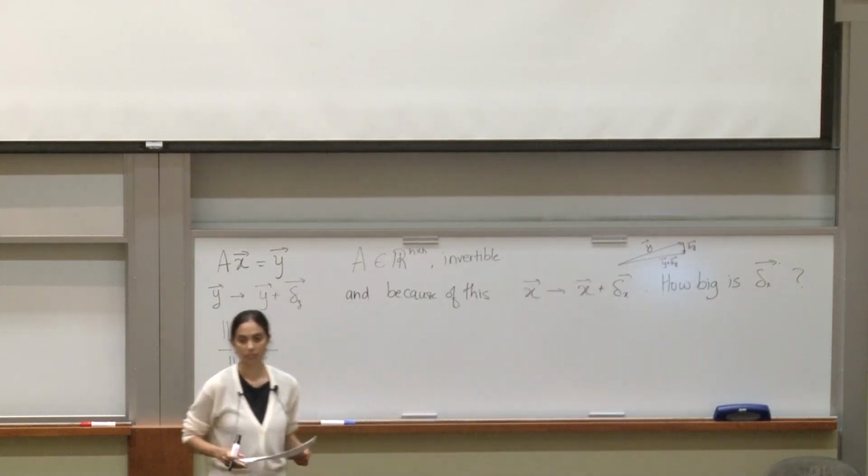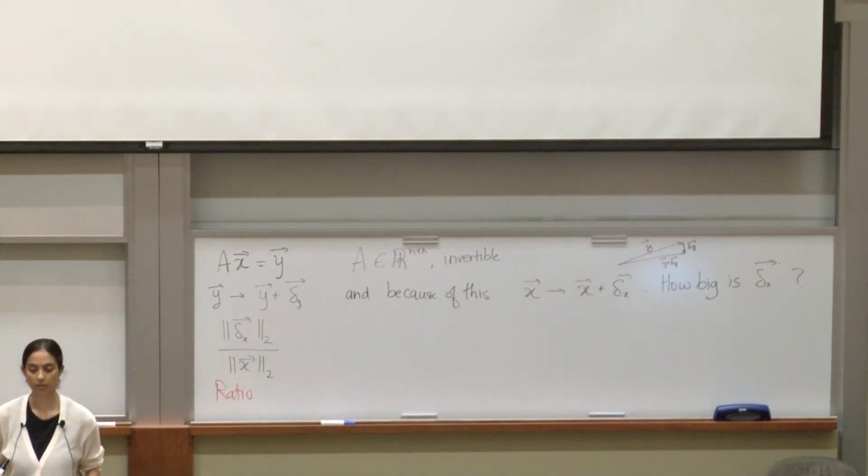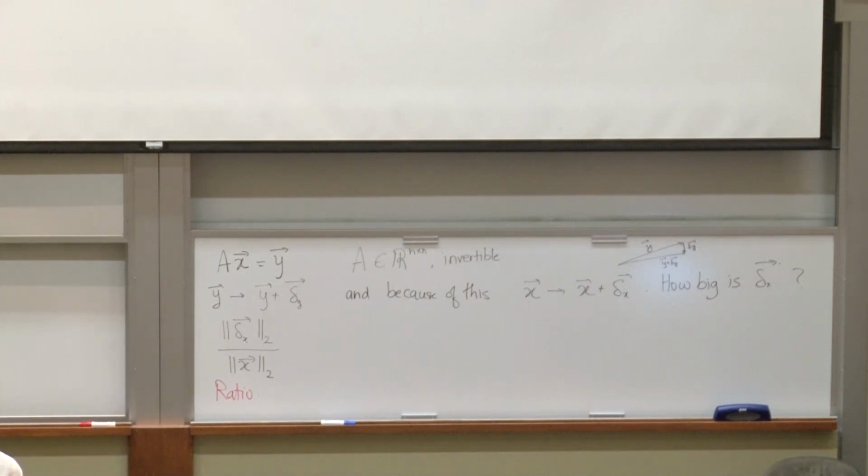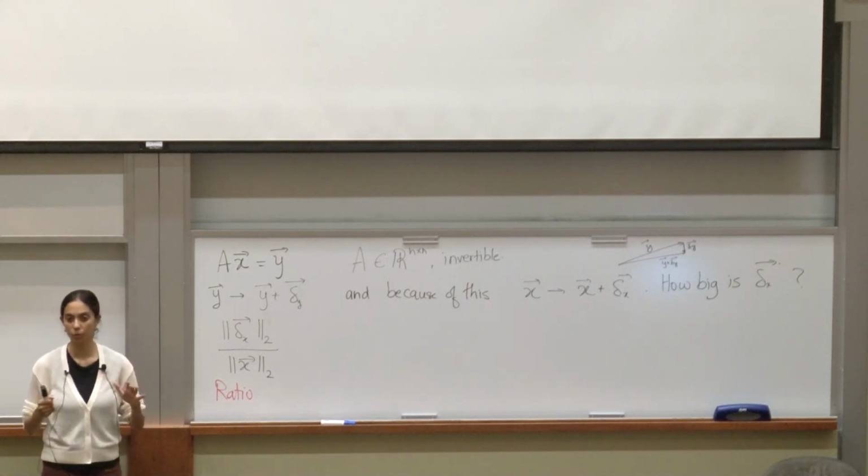Okay? Yes, question? So in essence, we're looking at a result and asking how changes in the result affect our measurement. Don't we usually go the other way? Not quite. The question is, what is the measurement and what is the input?